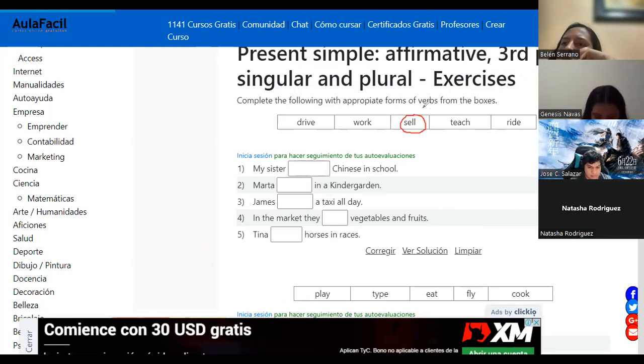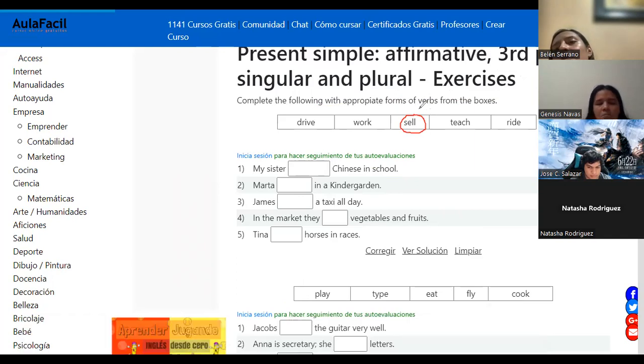Vender, very good. And teach? Enseñar, very good. De ahí viene la palabra teacher, okay? Teach es enseñar.